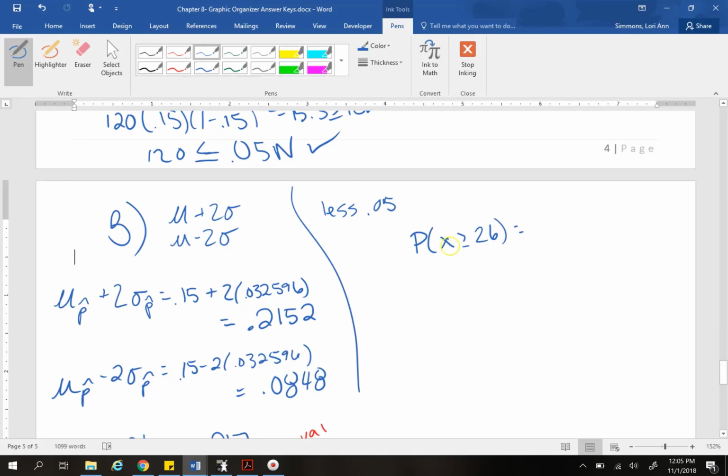And this is for x, but we want it as a proportion. So we need to convert that to your proportion. So we did 26 divided by 120 below, and that was 0.217.